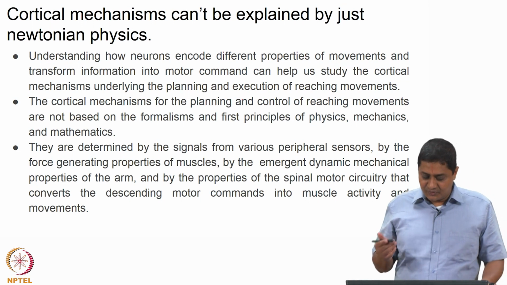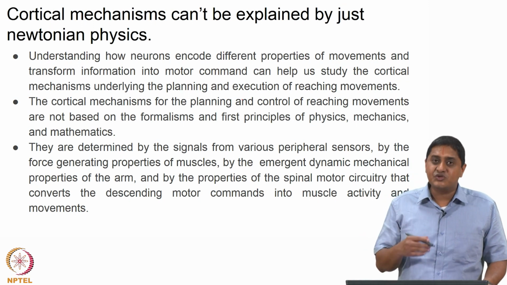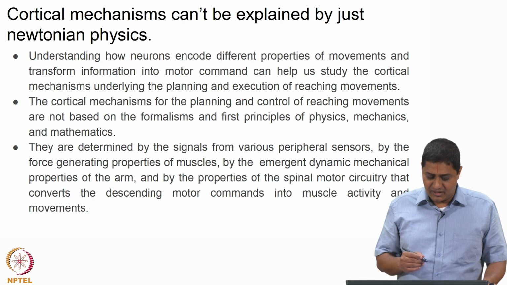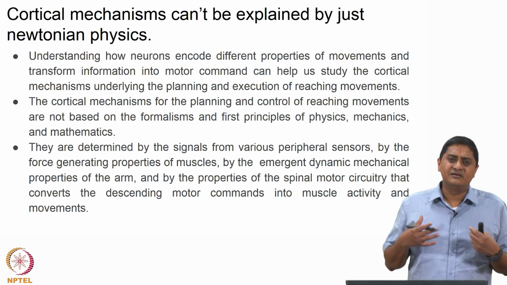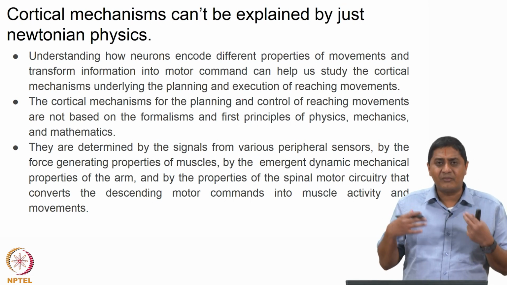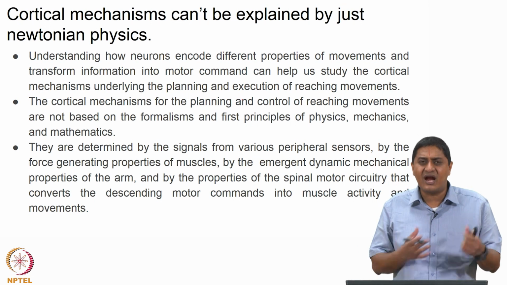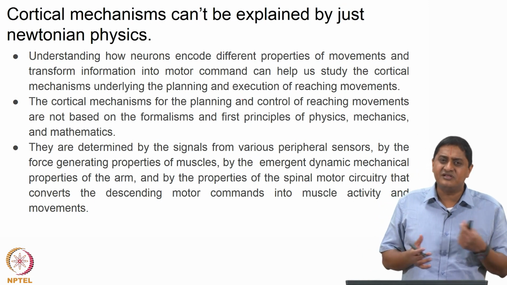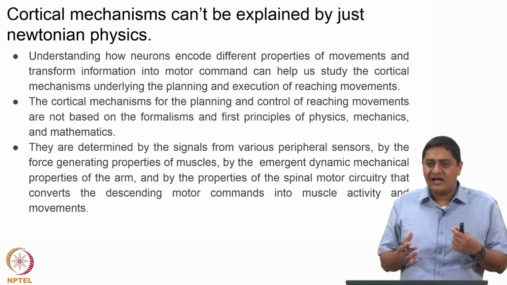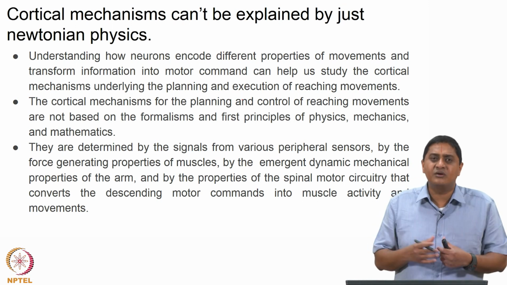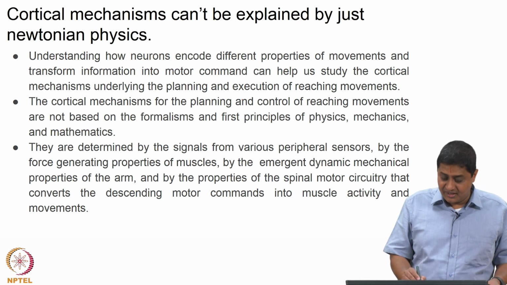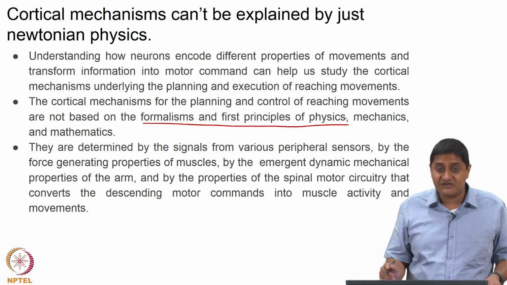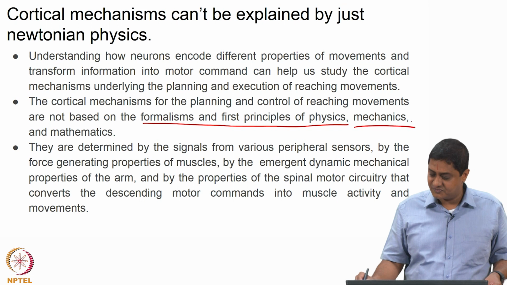So, in other words, the actual actions that we make are based on some emergent properties of the dynamic interaction between the central nervous system and the body and the environment. So, a lot of dynamic interactions are going on between these two systems, right. And what happens as the outcome is an emergent outcome, right. But this is not dependent on the formalisms and the first principles of physics or mechanics, right.